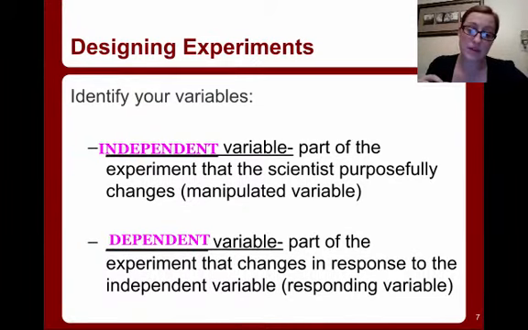Then the dependent variable is the measurable outcome of the experiment. So it's what changes in response to the independent variable. So when you think dependent, think D for data. So independent is what we're purposefully changing about the experiment. Dependent is what we're measuring as the outcome of the experiment.